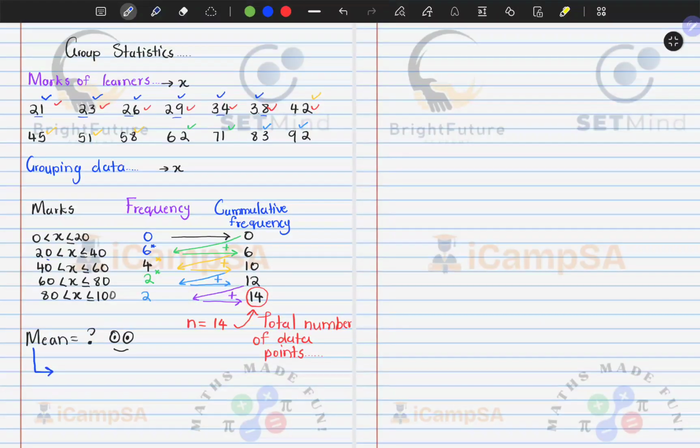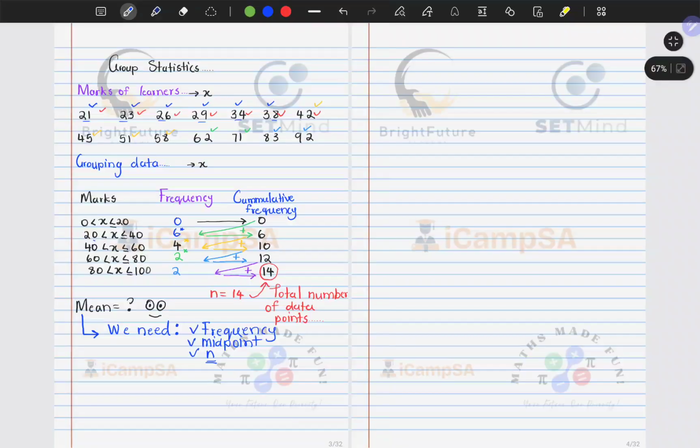So in order for us to find the mean, we need the following. Number 1, our frequency. Number 2, the midpoint. And number 3, n.